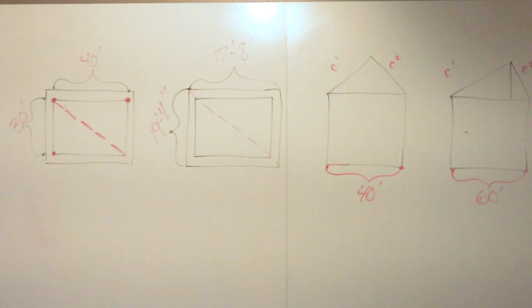And all it's asking you to do is find out the line, which is what formula? We've been doing it the whole while. C. You're looking for C. Absolutely, the Pythagorean Theorem.